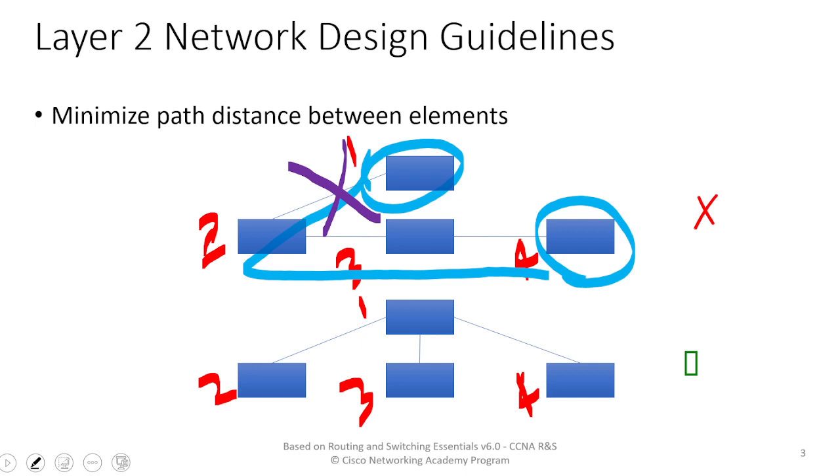Whereas in the other scenario, if one of these links fails, only one switch will be affected. So that is also a reason why we would want to minimize path distances between elements in our switch networks.